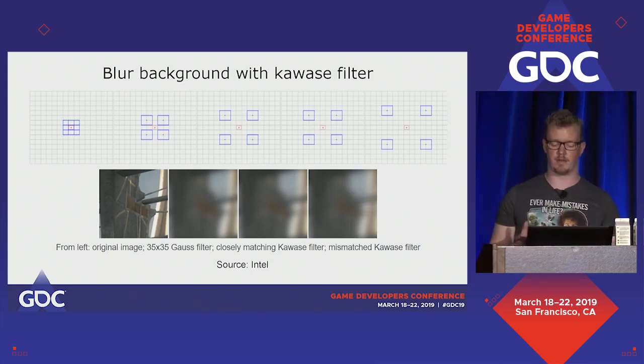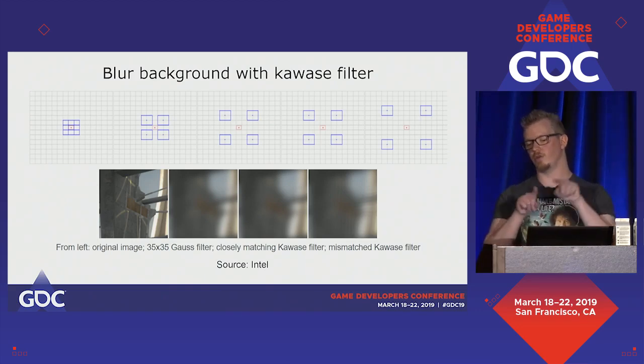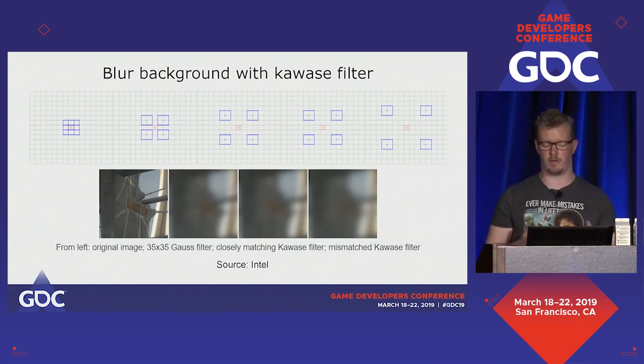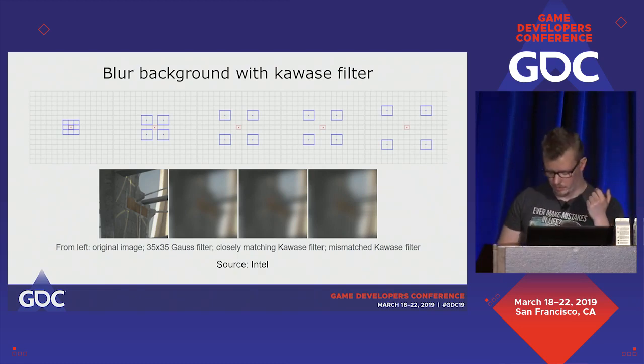What you do is at each step, you sample out in a cross of 4 samples, and if you use bilinear sampling, you end up with double the amount. It's quite easy to use. It does require a little bit of manual tweaking, so you don't get the banding artifacts you might be able to see in the projector. But yeah, I recommend using it.